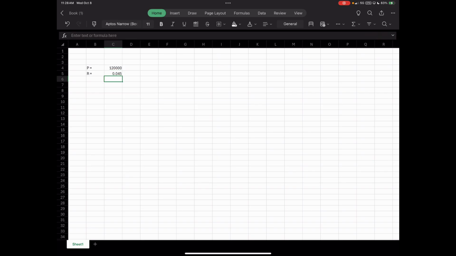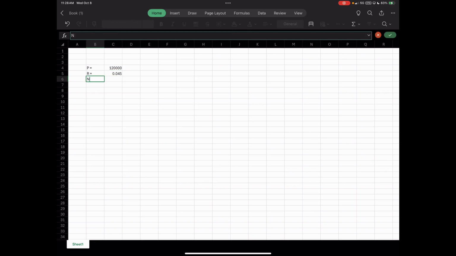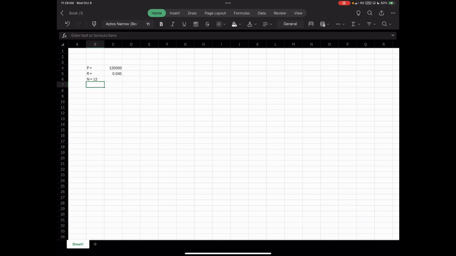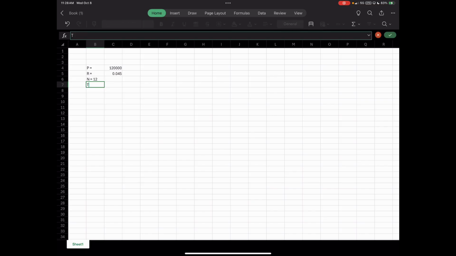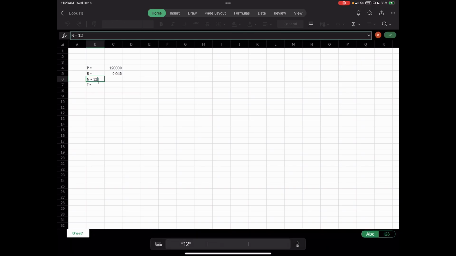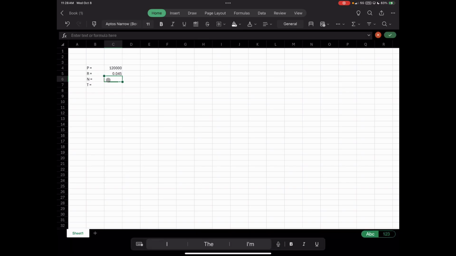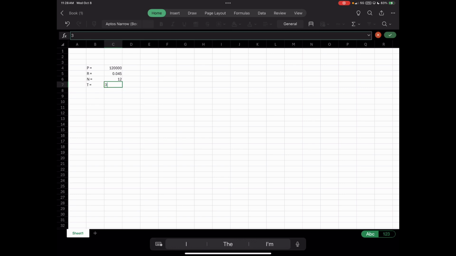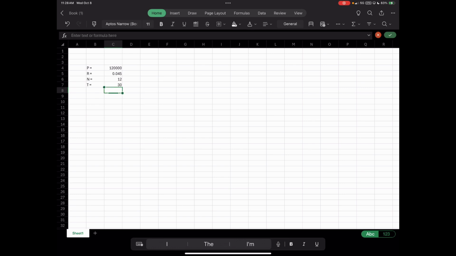I'm going to do that a slightly different way. My N was 12, and my time in years, oops, I really shouldn't do it that way. I should do N equals and then put the 12 in the next cell because of the way Excel works. And my time in years, that's going to be a 30-year mortgage.